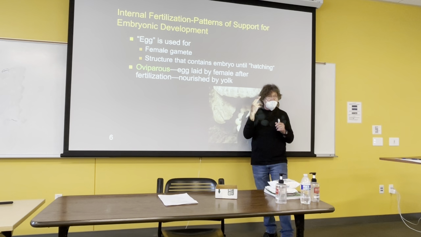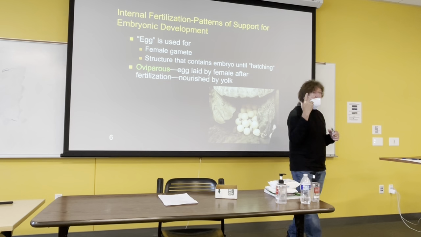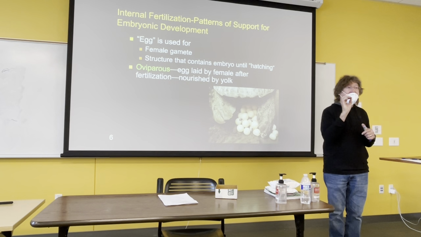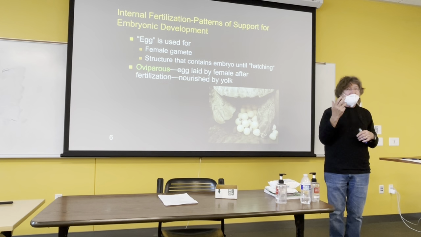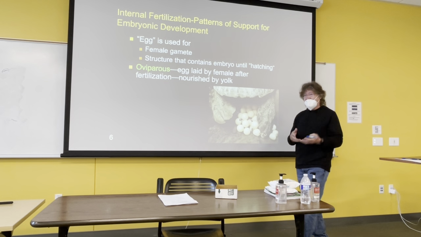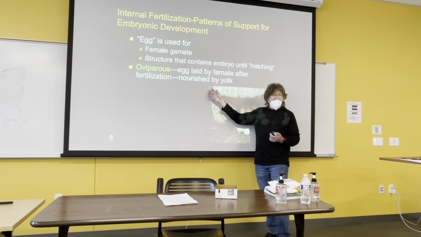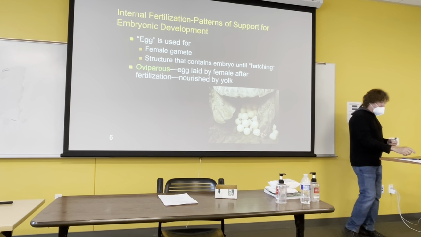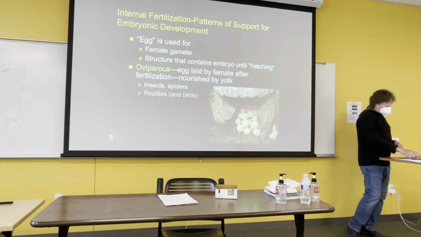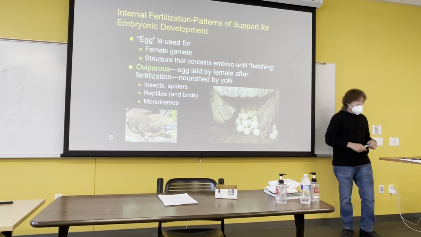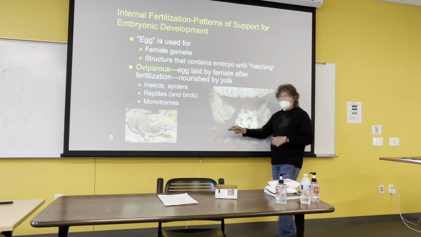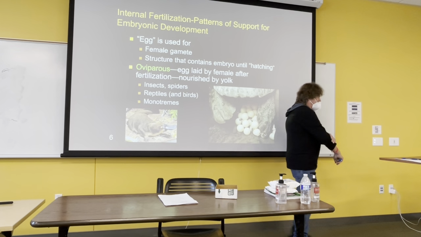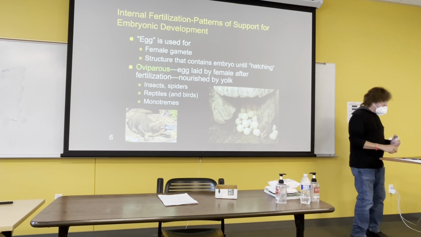It stores certain types of proteins that store amino acids only long enough for the proteins to be broken down so the amino acids can be used in the growth of the embryo, and carbohydrates and so forth. Everything is nourished by yolk. So this is insects, spiders, and monotremes. Although they're mammals, they're still egg-laying, and therefore they have to have yolky eggs.